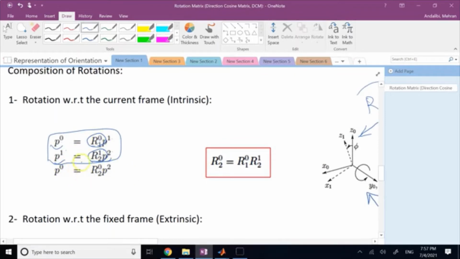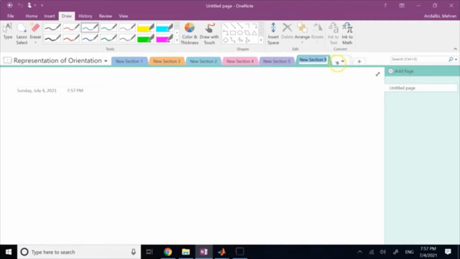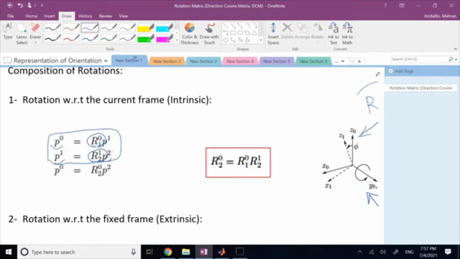If I combine these, the result should be pre-multiplication. Why is it? Because if you replace from here, you see that P naught can be written as what? Let's just combine the first two. P naught is R10 times P1, but P1 itself is R21 P2. So it is R10 times R21 P2.